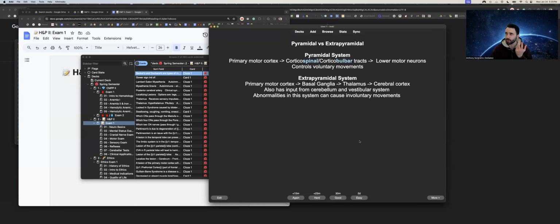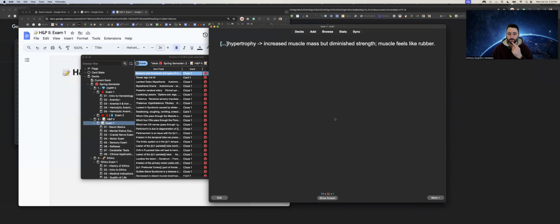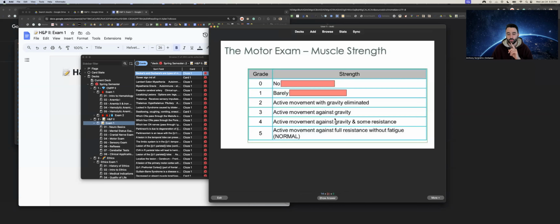Because corticospinal, is that what we're saying? It's like those voluntary skilled movements, so I guess that makes sense. I don't know what the corticobulbar tract is. All right. Blank hypertrophy, increased muscle mass but diminished strength, muscle pseudohypertrophy. What do we see that in? I don't remember, but that card will come up again.